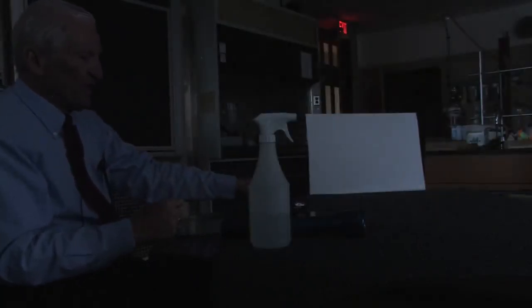We can visualize that if we take a spray bottle, just a little bit of water, and now you can see that some of the light is scattered from the small droplets, and we now know the mechanism by which the light gets from a source to an object.